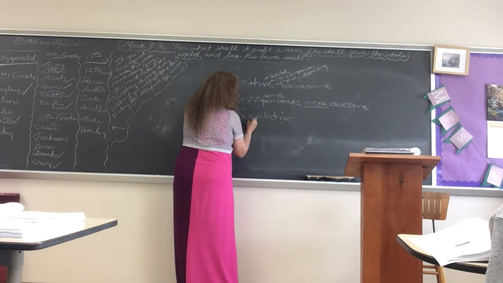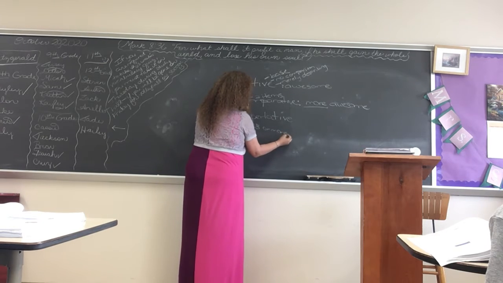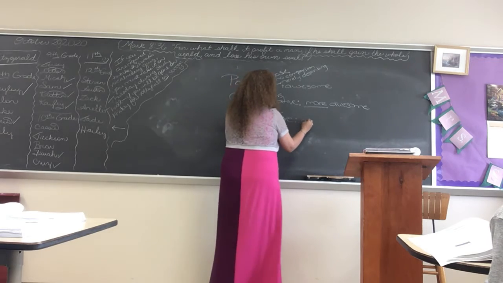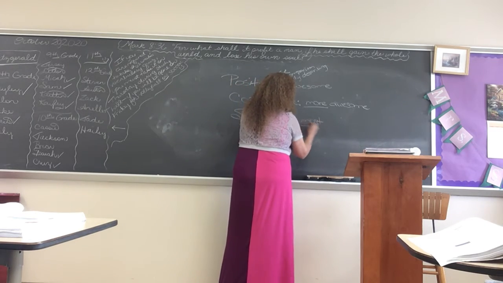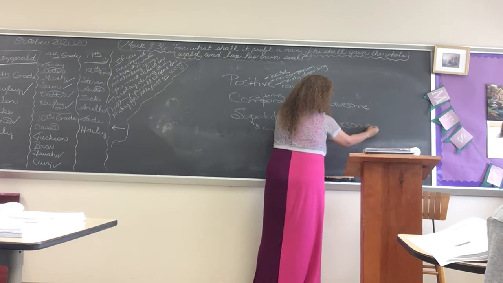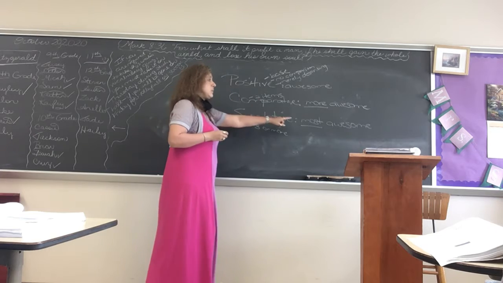And then if I am comparing 3 or more items, for this word, it would be, this is the most awesome of the items, 3 or more, okay? So, that is with awesome.